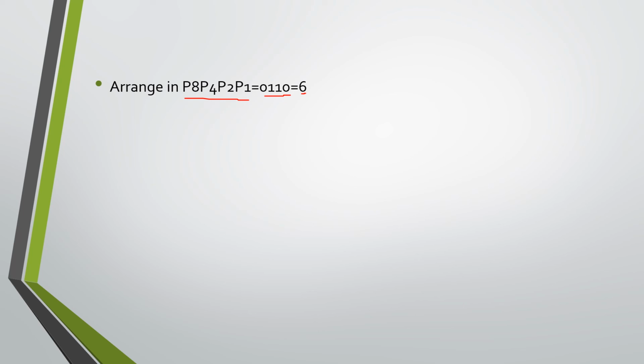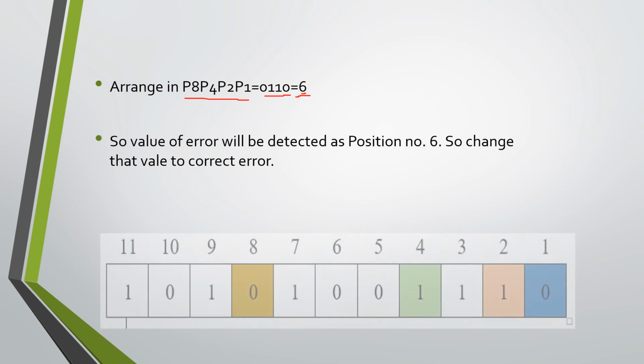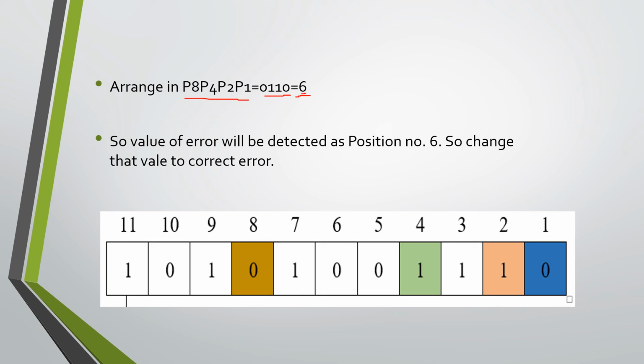So this 6 represents the position number which was changed during transmission. So using that position, we reverse it, meaning 1 is changed to 0, and in reverse 0 will be changed to 1. So position 6 will be changed, that is, during transmission it was changed to 1.